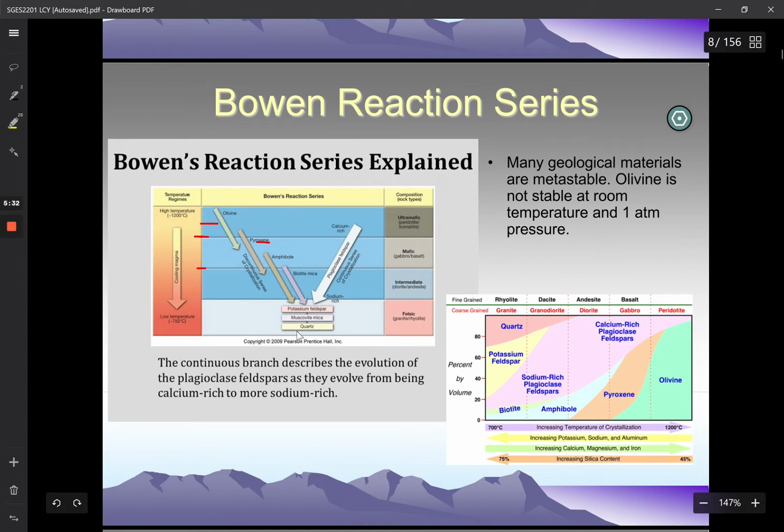And quartz will only start to crystallize at a slightly lower temperature, which is around 750 degrees Celsius. So the stability of these minerals can be clearly manifested in this Bowen reaction series.